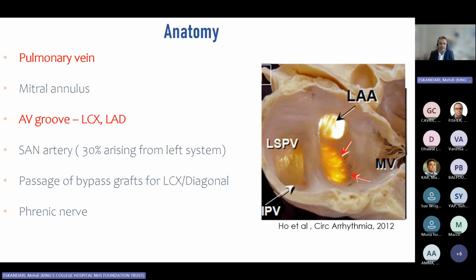There are some key elements surrounding the left atrial appendage, and knowing how thin it is, there is a real risk of injury to the coronary arteries, particularly the left circumflex artery, and also the pulmonary vein adjacent to it, and some other structures which are rarely affected by the device in terms of complications.